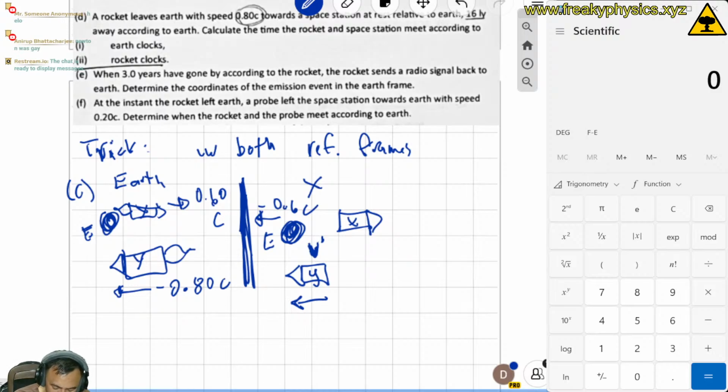But the speed will be... in Galilean, how fast is Y moving? In Galilean, you just take the difference in speeds.